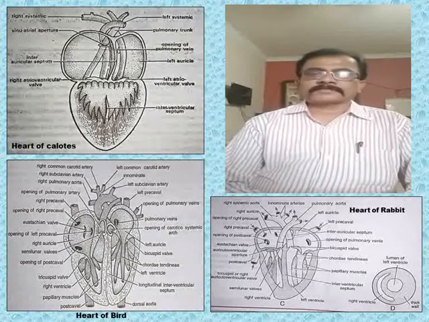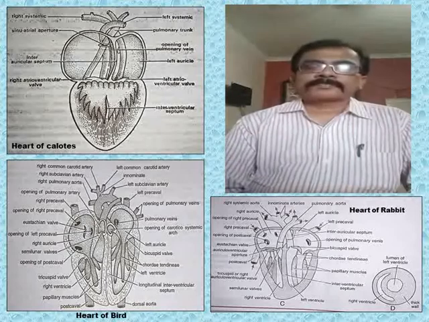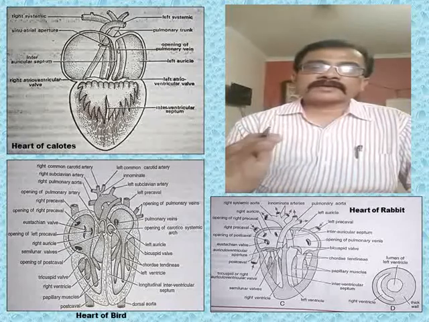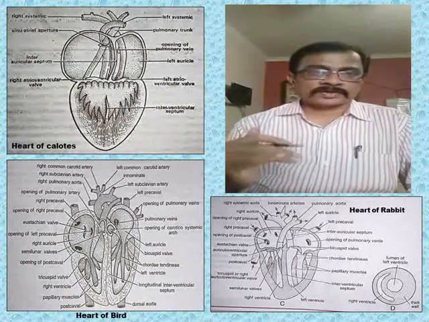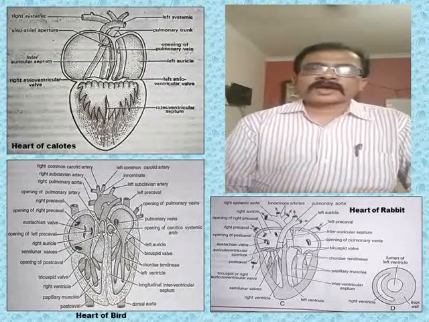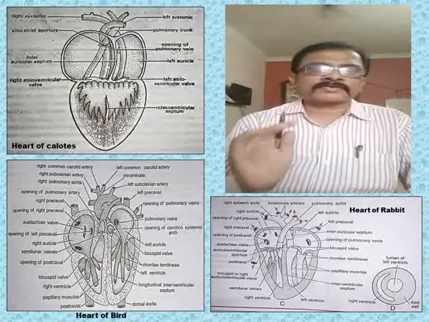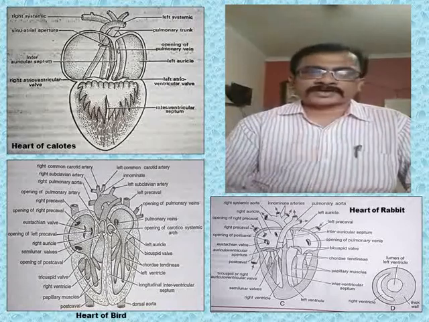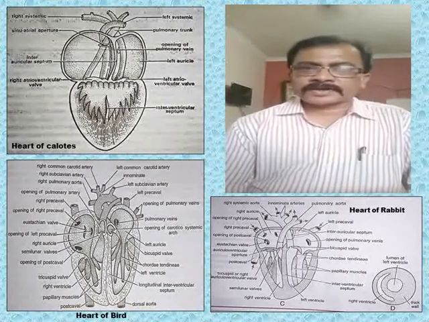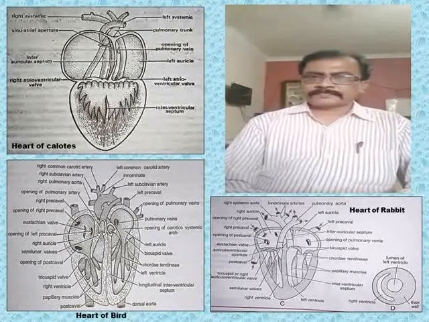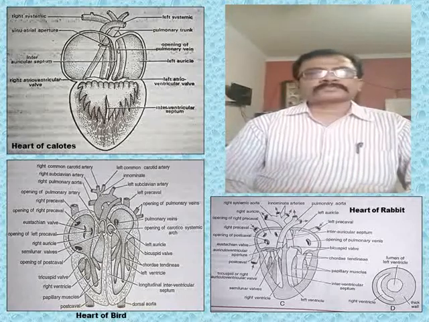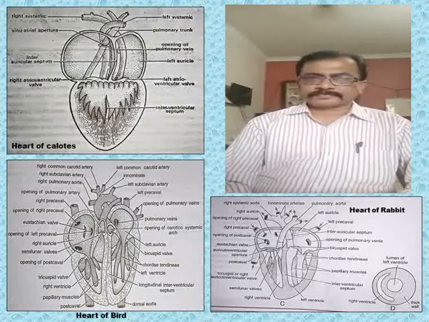But in case of pigeon, it is large, conical, located posterior to the auricles, not ventral to the auricles, and the interventricular septum divides it into right and left ventricle. There is a septum which divides the ventricle into right and left sides, and the same thing is found in case of mammals also, in case of rabbit.